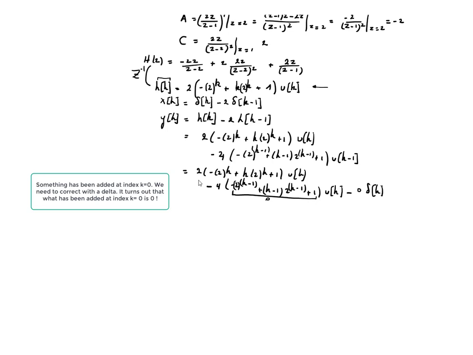So now I can do something else. What is annoying over here is the k minus 1, k minus 1. I can change the power because I have a 2 over here, so let's make it 2 to the power k plus 1, so this is still h of k, right?